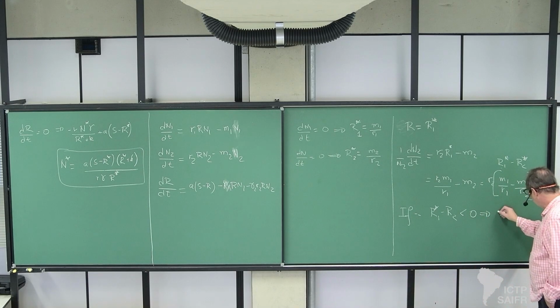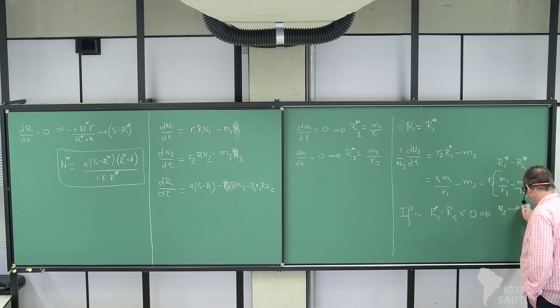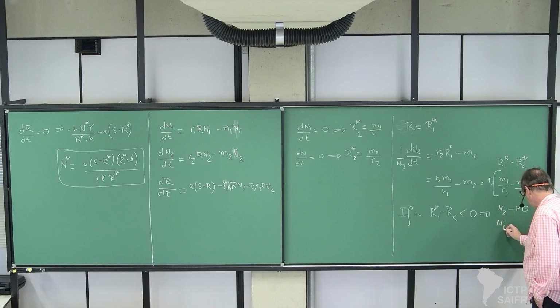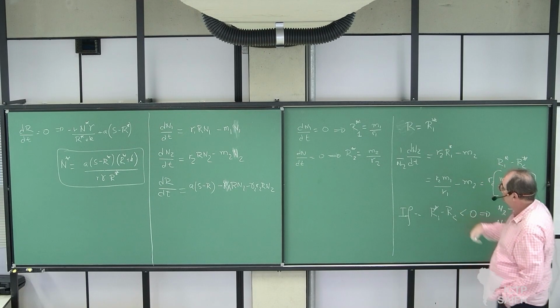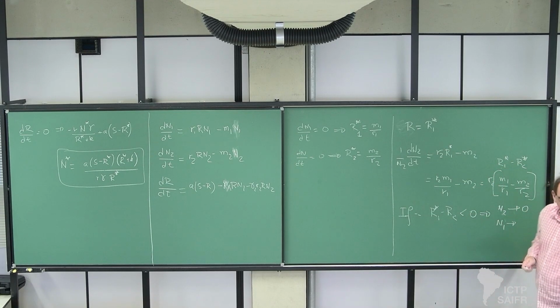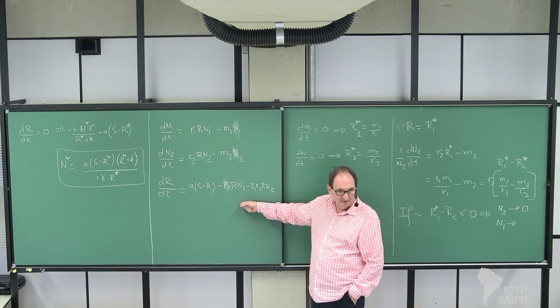This will imply that N2 will go to 0, and N1 will go to the new carrying capacity here, which I did not calculate, because I don't need it now.